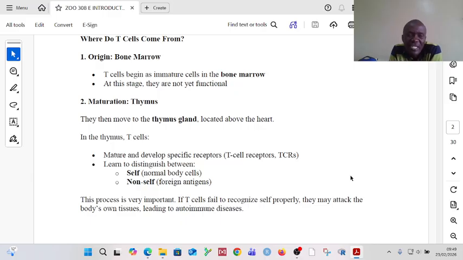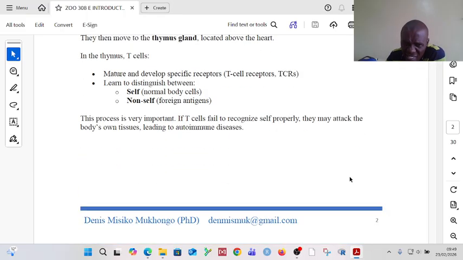So then it means it attacks your normal body cells the same way it will attack a foreign antigen. So with that, you now end up developing diseases as a result of that immune reaction. But because it's an immune reaction against your own body cells, we now call such diseases autoimmune. Okay? Autoimmune diseases.